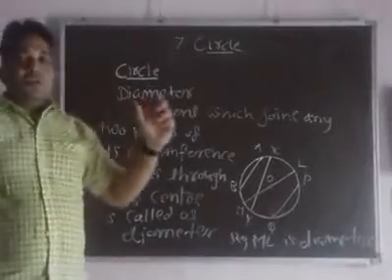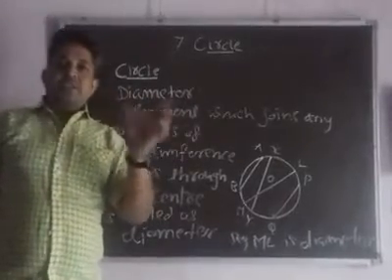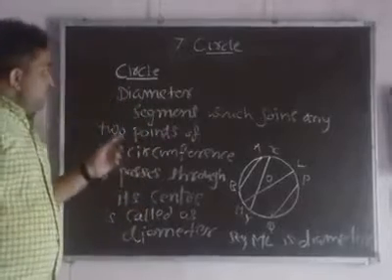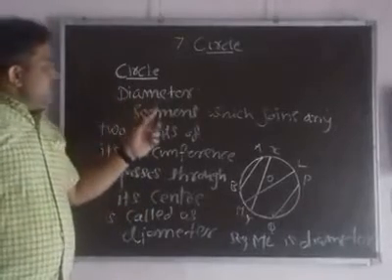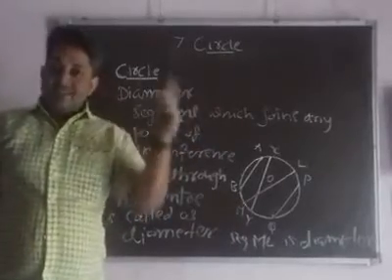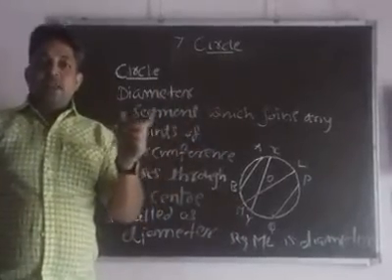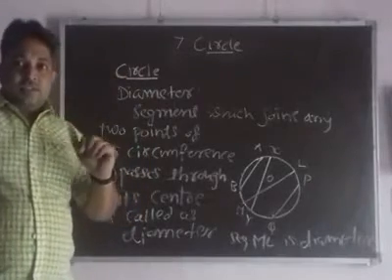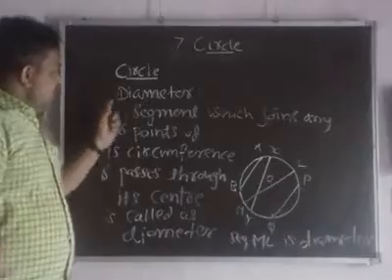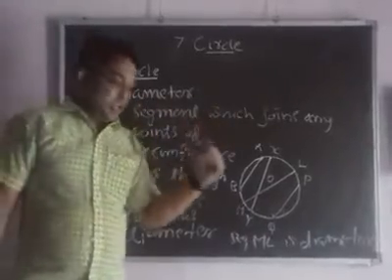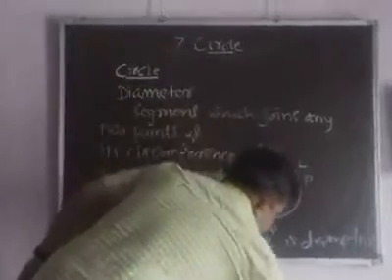What is a chord? A chord is a segment which joins any 2 points on its circumference, and a diameter is a segment which joins any 2 points on its circumference and when it passes through the center, that chord is called a diameter, and diameter is 2 times the radius. We have seen this much.